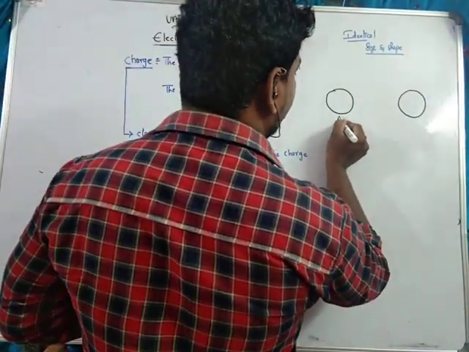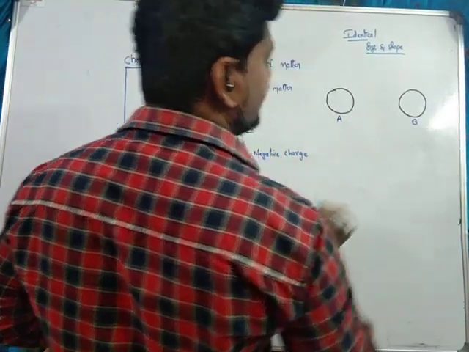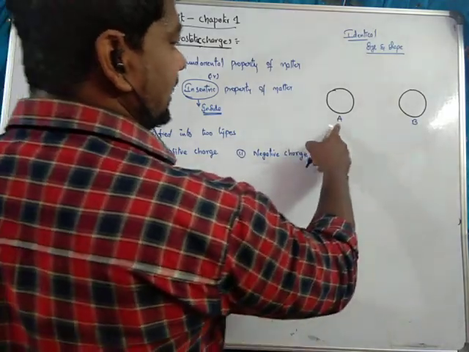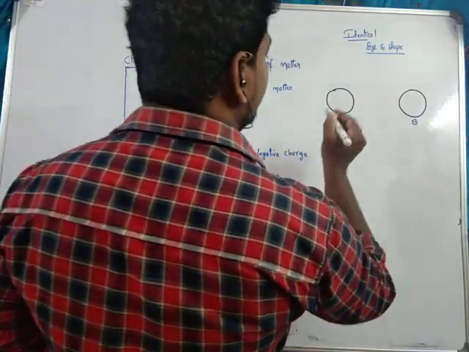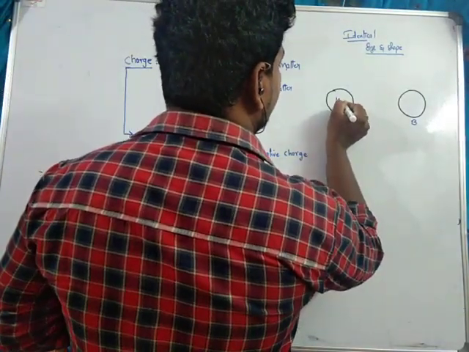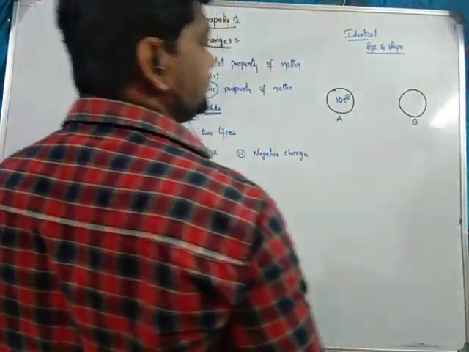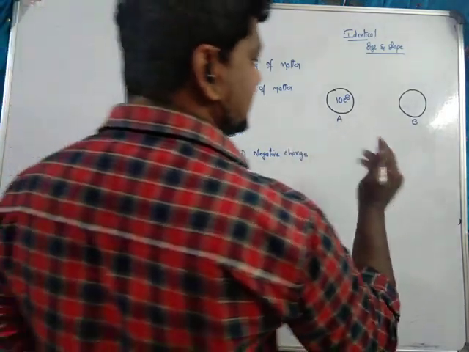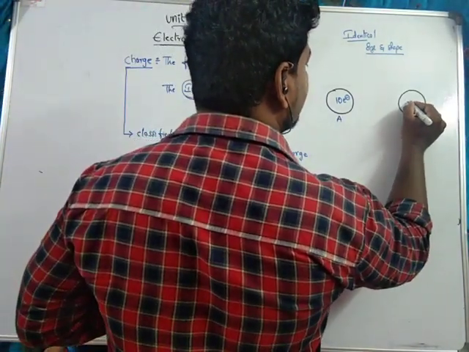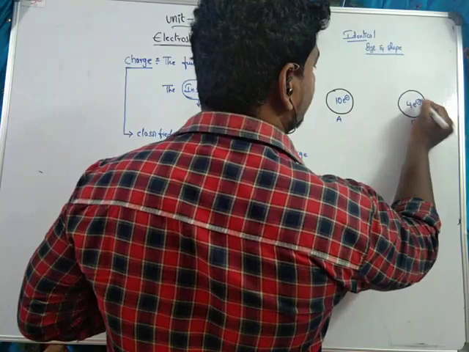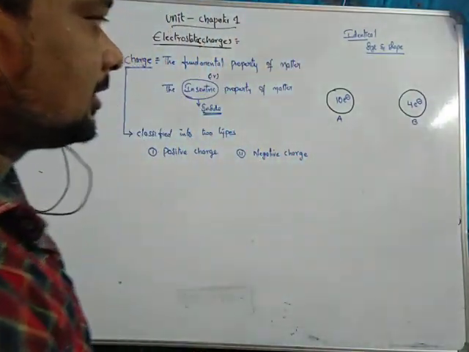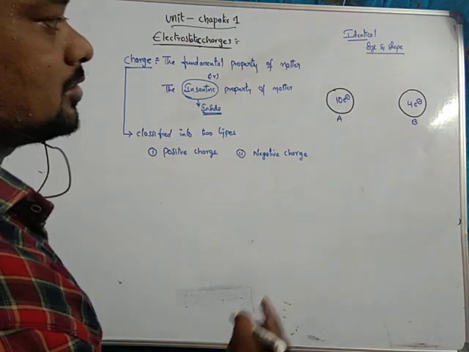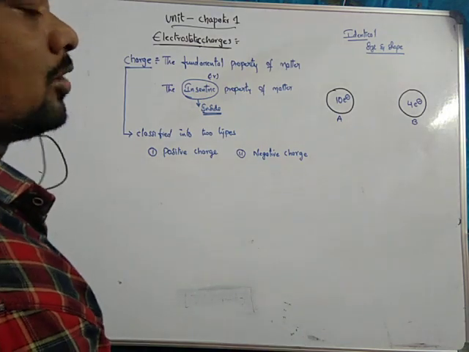This will be named A, this will be named B. In atom A, suppose we have 10 electrons. This is a general example. In B, suppose we have 4 electrons.